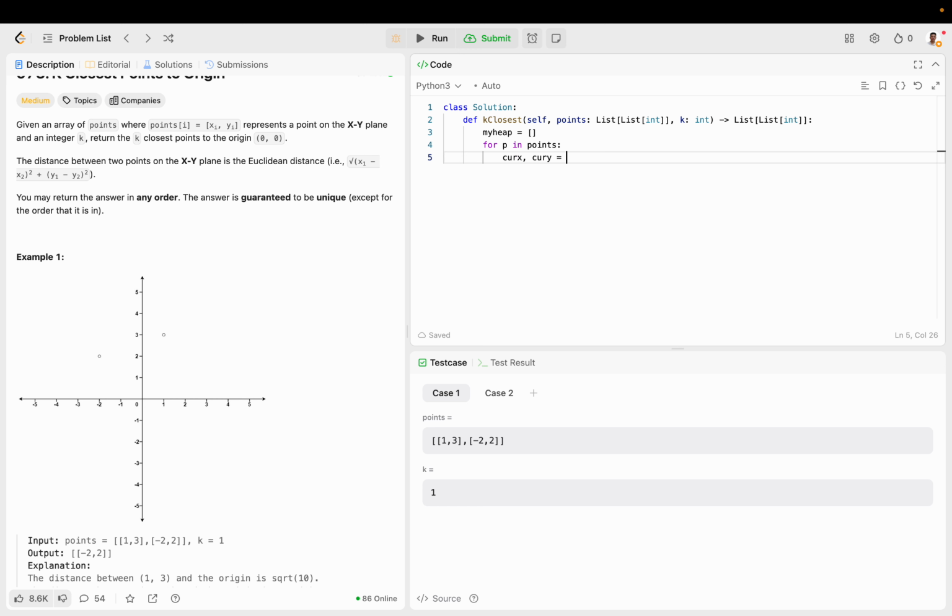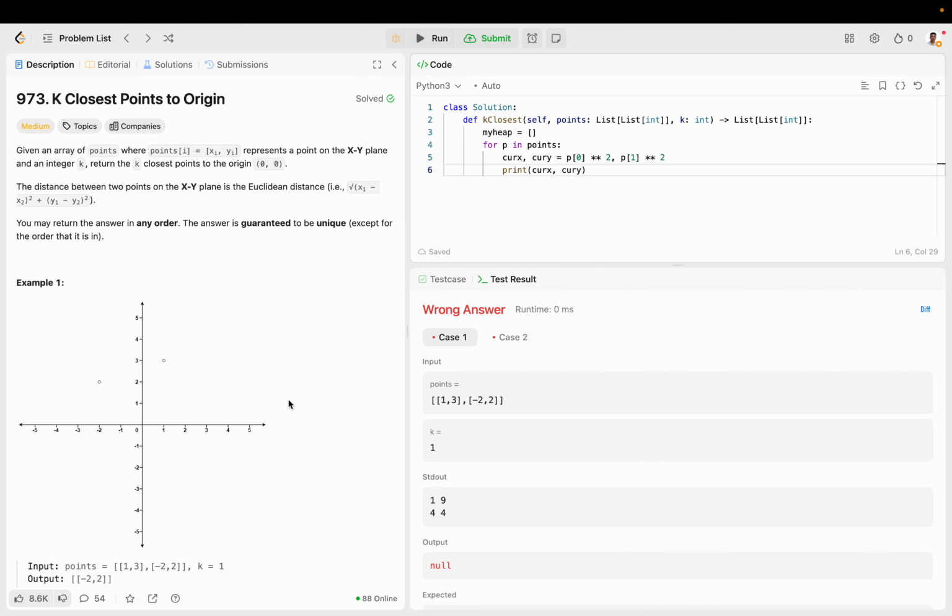Since you know that the origin x will always be 0 and the y will always be 0, you can just say that current x is equal to p0 to the power of 2, and current y will be p1 to the power of 2. And let's print current x and current y.